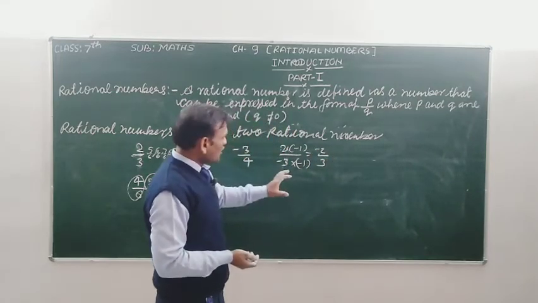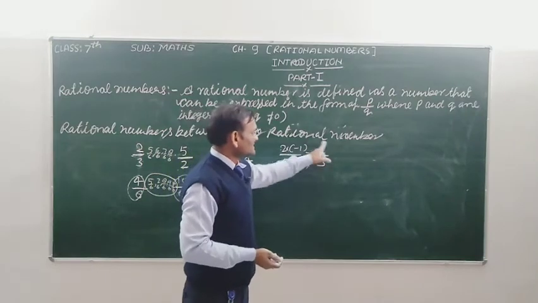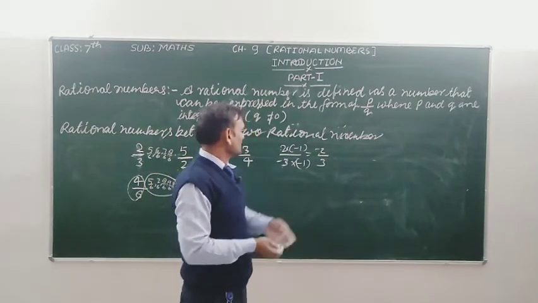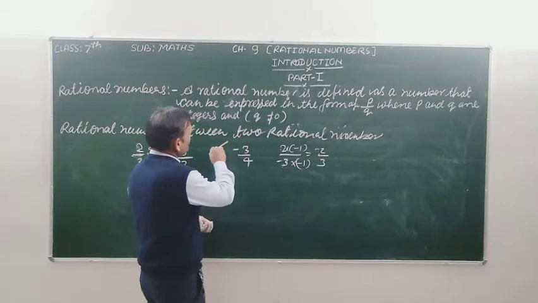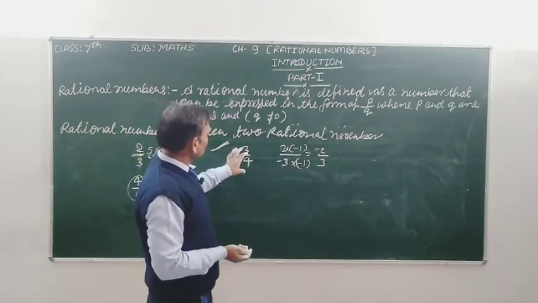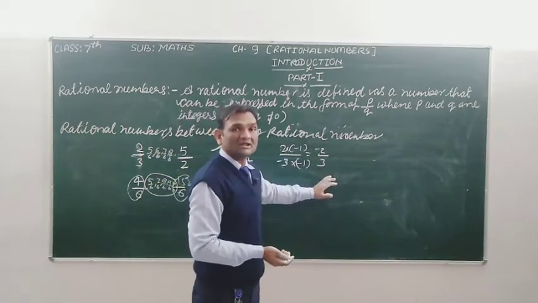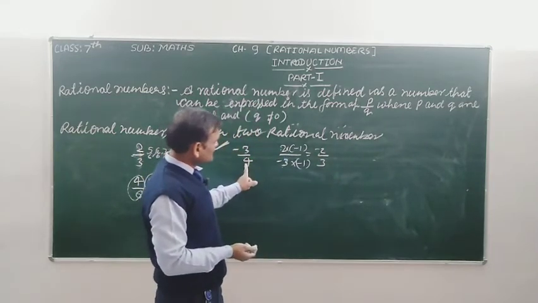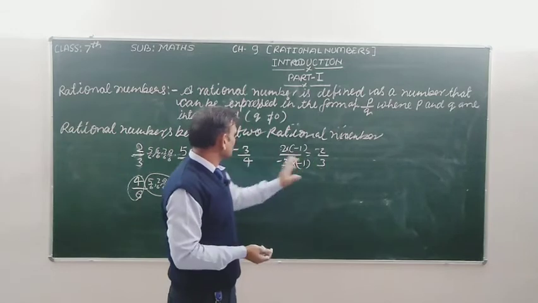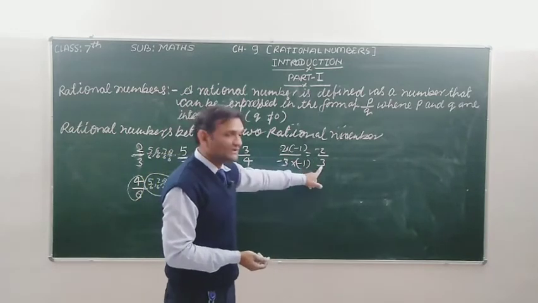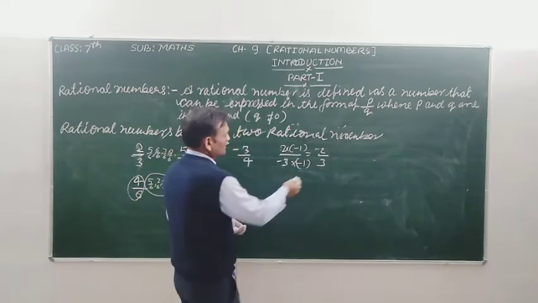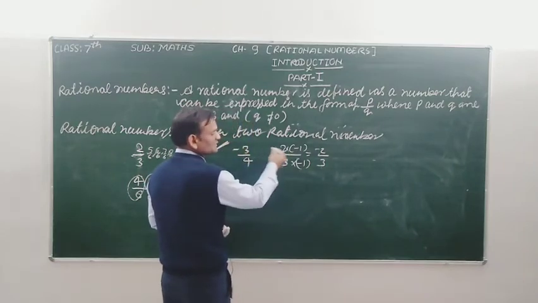Now this rational number is in standard form. It means we have to find the rational number between minus 3 upon 4 and minus 2 upon 3. You are seeing here that the denominators are not same.